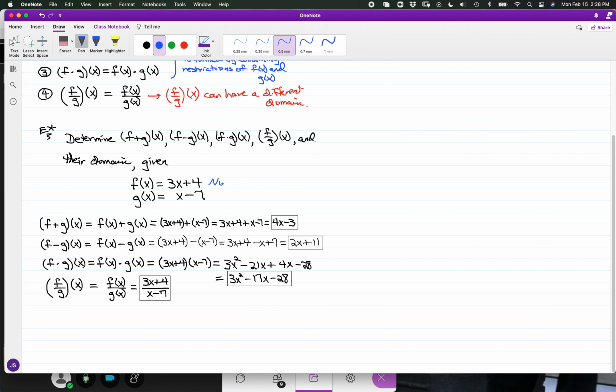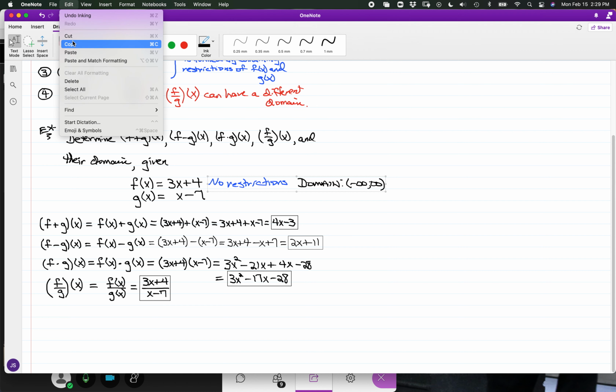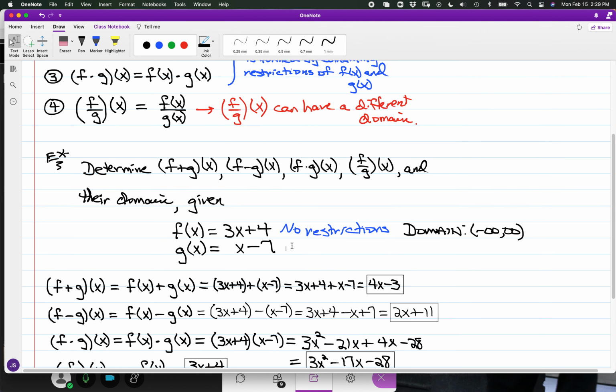So f of x has no restrictions, and the domain will be the set of all real numbers. The same thing applies for g of x. We have no restrictions, x can be anything from the real number system, so the domain is also the set of all real numbers.